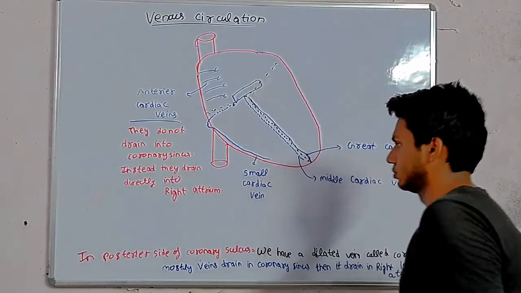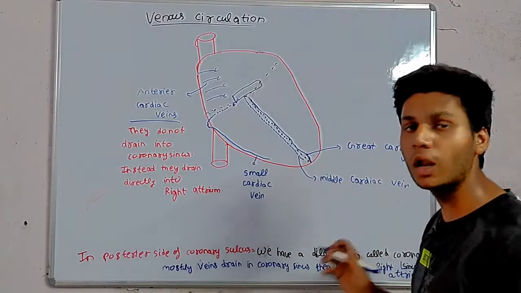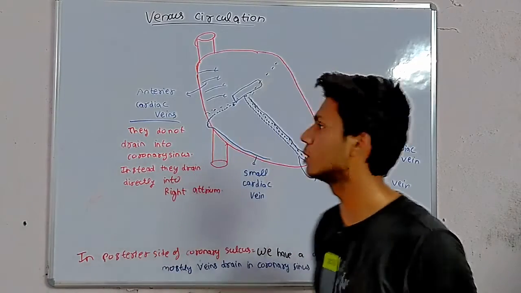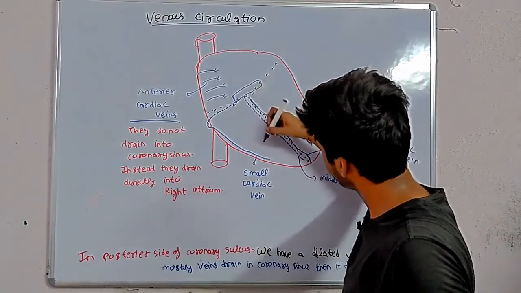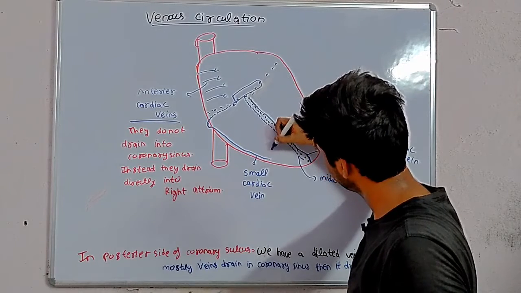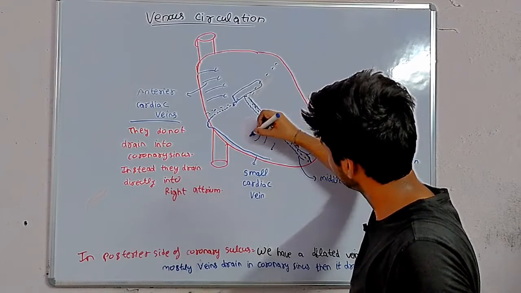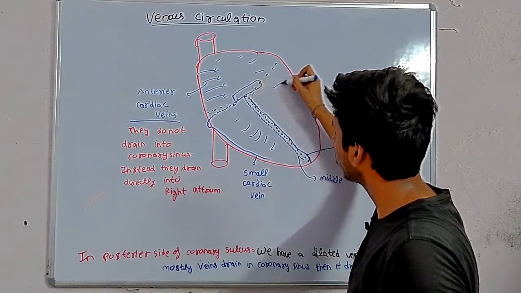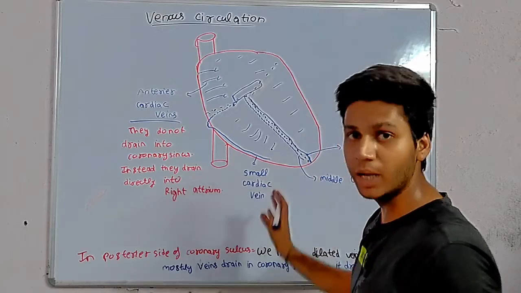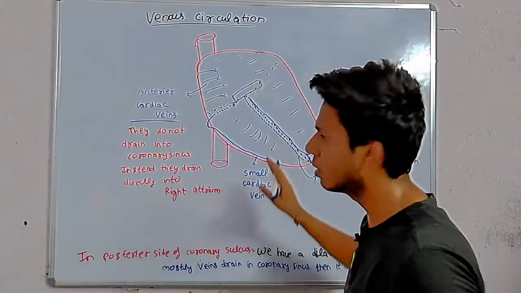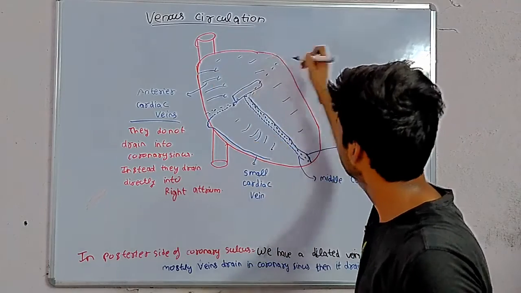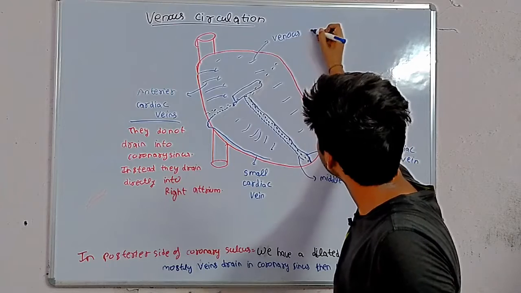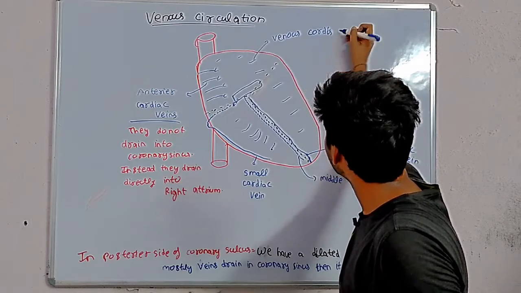Then there are some other small veins we have read about, called venae cordis minimi. These are present all over the heart, not only in the right atrium or left atrium, but the majority are present on the right side, and some are also present on the left side. These are called venae cordis minimi.